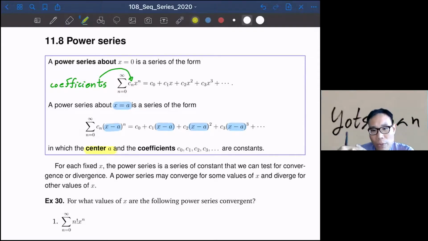Okay, so the power series turns out to be a function that, when you plug in x, gives you a series, and it depends on x for convergence or divergence.